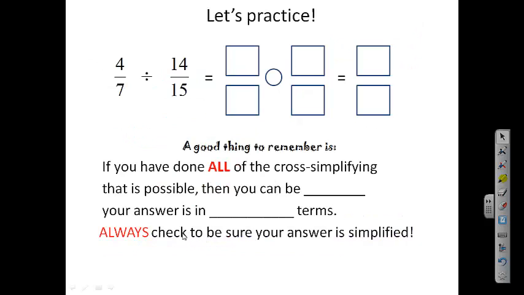Okay, let's practice. 4/7 divided by 14/15. So we keep the first fraction, 4/7. We change the division sign to a multiplication sign.